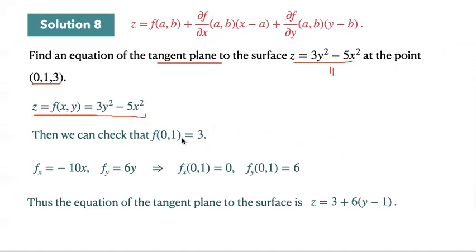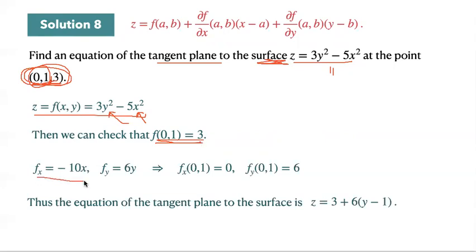Then we can check that for the given point 0, 1, 3, if we put x equal to 0 and y equal to 1 here, we get 3, right? It means that 0, 1, 3 is a point on our surface, so we can think about the tangent plane at that point.